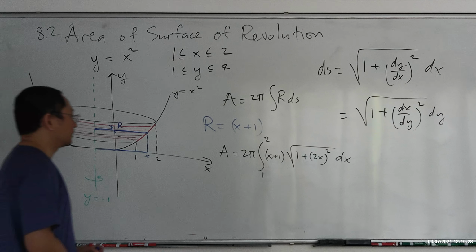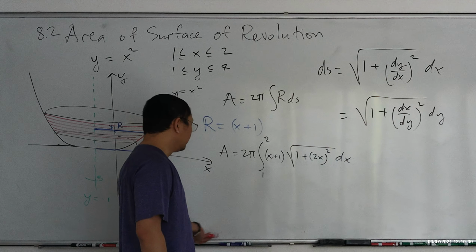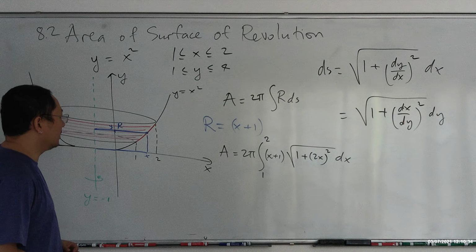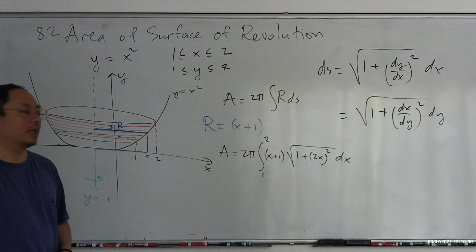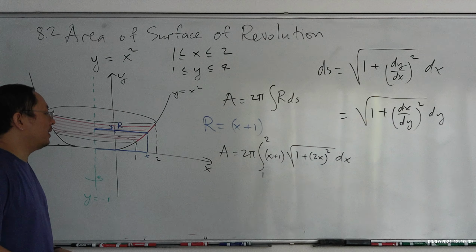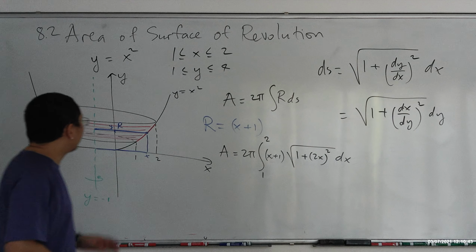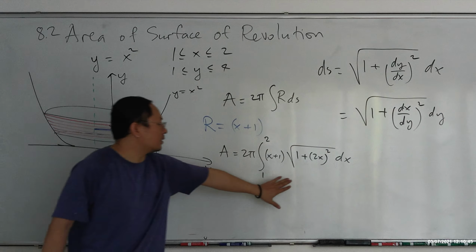I'll try to show you how to set up the integral. I'll leave that part for some problems easy to integrate. Some other problems may be harder, and we have to do approximation. The main point for this example is to show you how to set up the integral.